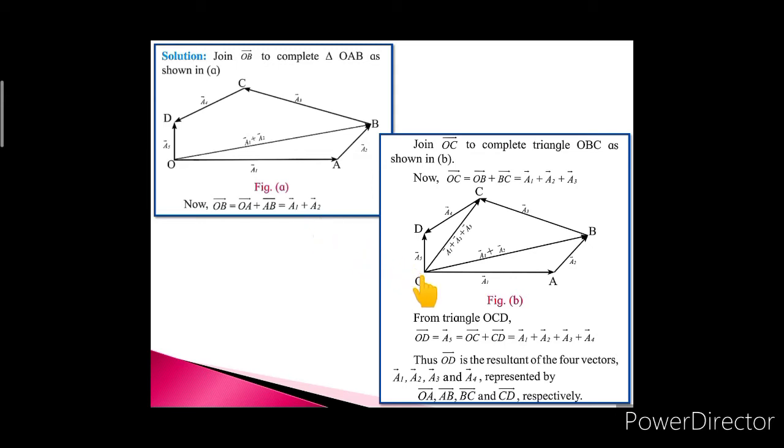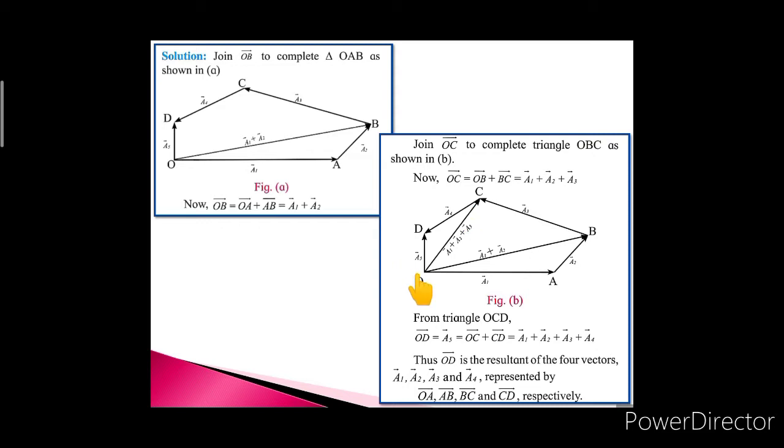Now, as we are obtaining the value of vector OB as vector a1 plus vector a2, here we are joining to form the triangle OBC, and hence we are joining the vector OC, which represents the resultant of this triangle by means of the addition of two vectors, vector OB and vector BC.